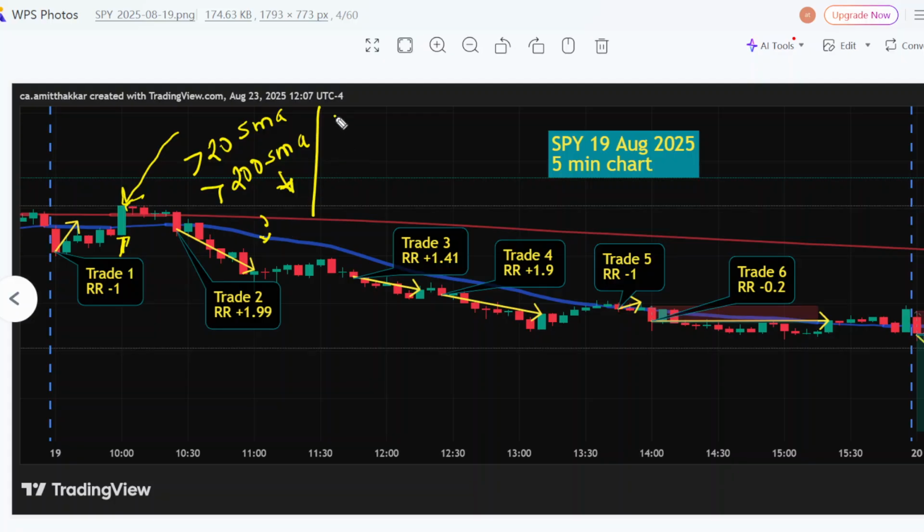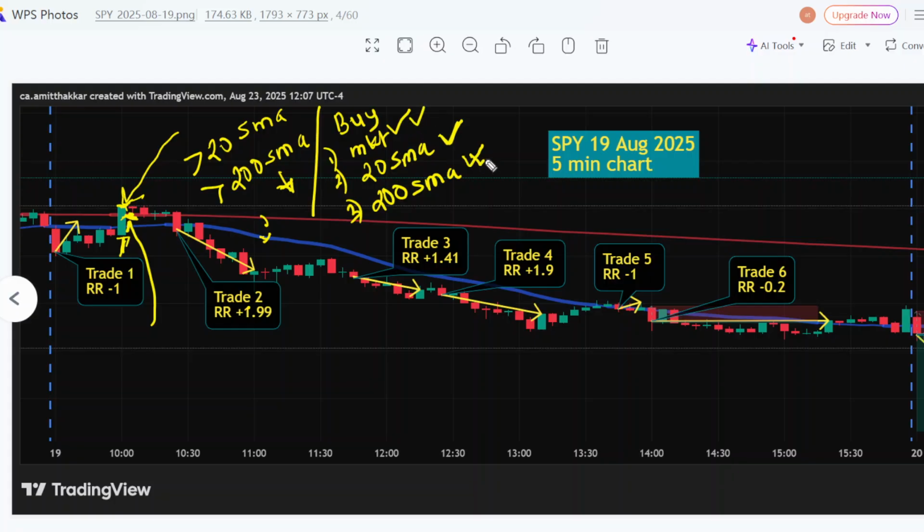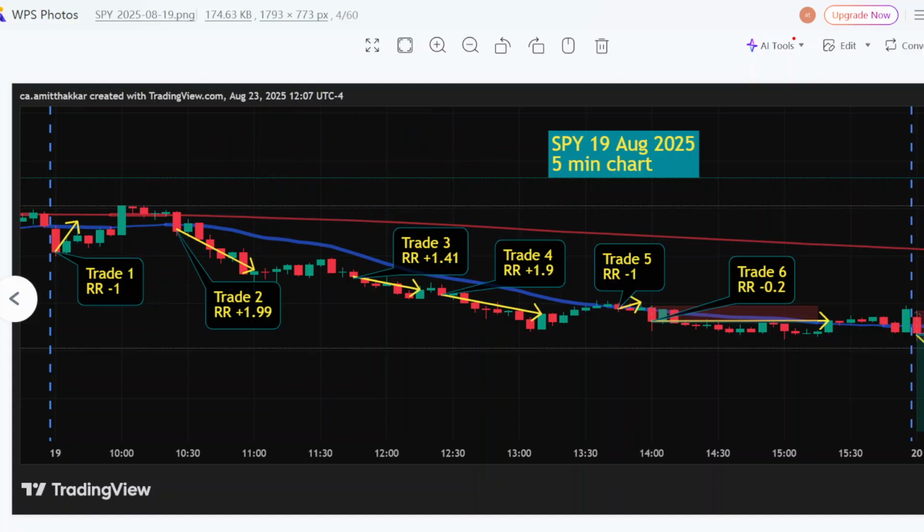For buy trades, we want the market above, below which we want the 20 SMA, and below that the 200 SMA. But in this case, on this green candle, the market is in the correct position first, but the second is the 200-day moving average, whereas we want the 20 moving average in between the market price and the 200-day SMA. So on this green candle we will not take any long trade.